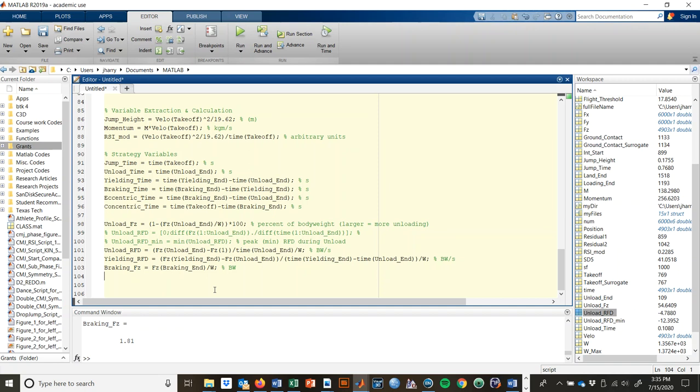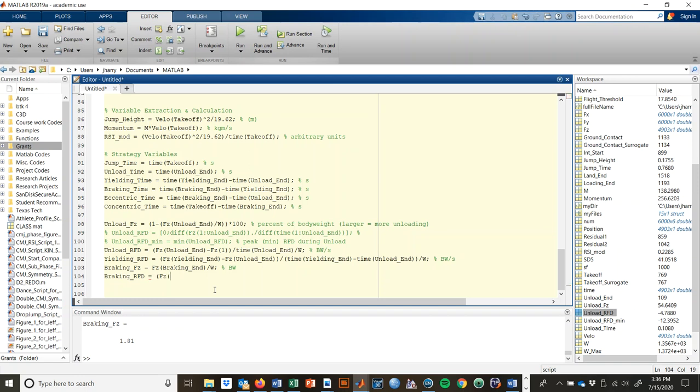The second one we'll do will be the rate of force development during the braking phase. That's the average rate of force development, and hopefully now we're thinking, okay, I understand how to get the average rate of force development from doing it for unload and braking. But let's just go through it. And again, this is going to be the difference in force divided by the difference in time for that phase.